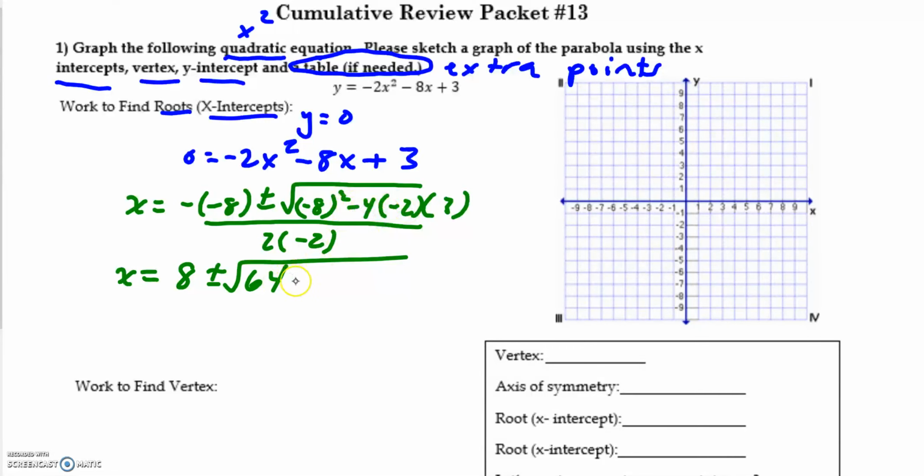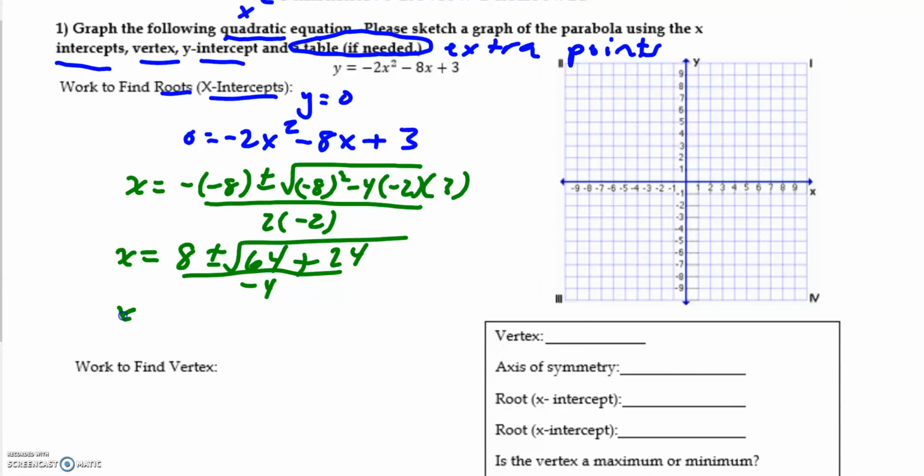I see a double negative, so it's a plus 4 times 2 times 3, which would be 24, all over negative 4. So far, we have x equals 8 plus or minus the square root of 88 all over negative 4. And yes, we could split 88 into a perfect square and a not, but because I'm doing the quadratic formula to find roots, let's go ahead and find the decimal approximations now.